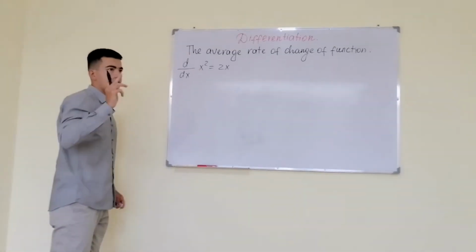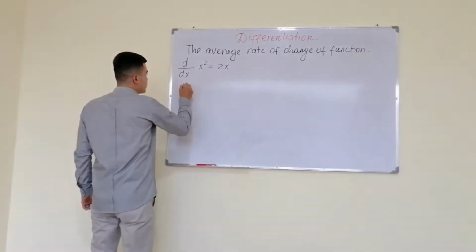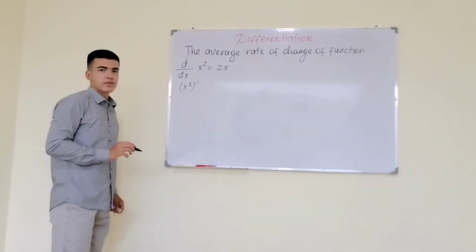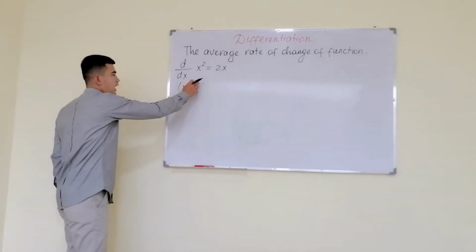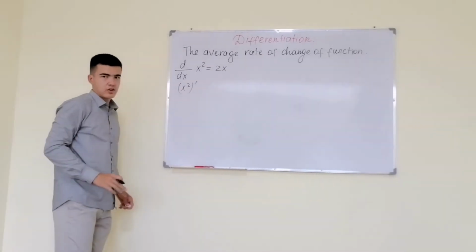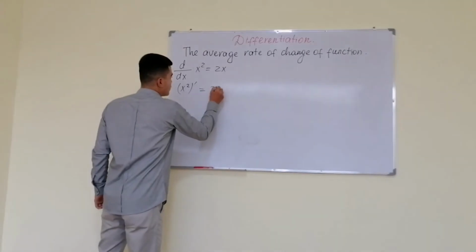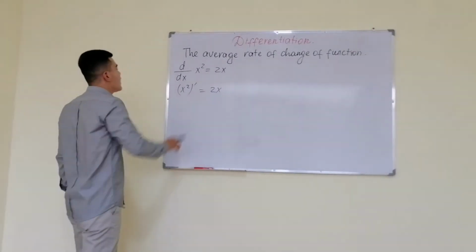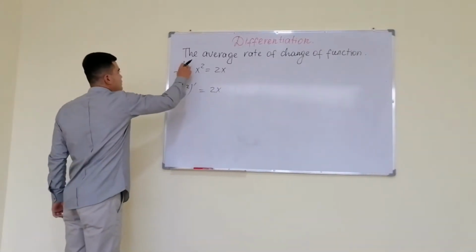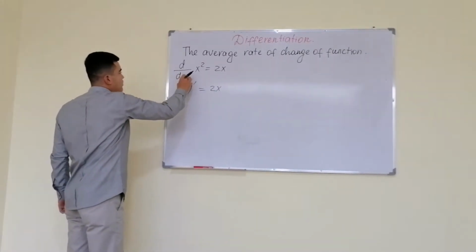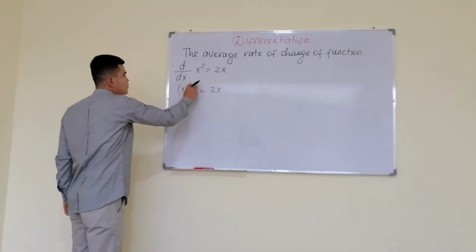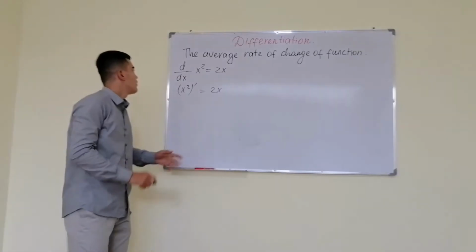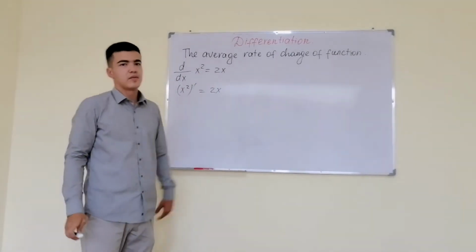And we have two signs. We also have the sign like this. We just draw this sign, and it also means differentiation, right? It also equals 2x, sorry. Okay, we have two signs. We can write d divided by dx, or put the sign like this, right? And both of them mean differentiation.